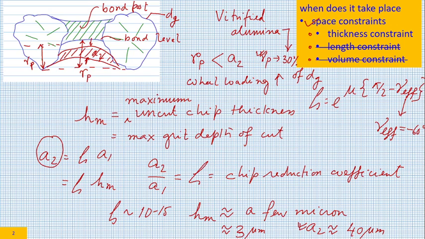So if you have 10 cases, wherever your RP is less than A2, there the chance of wheel loading would be more. Where it is more than A2, the chance of wheel loading would be less. So this is the first constraint, which is called the thickness constraint.